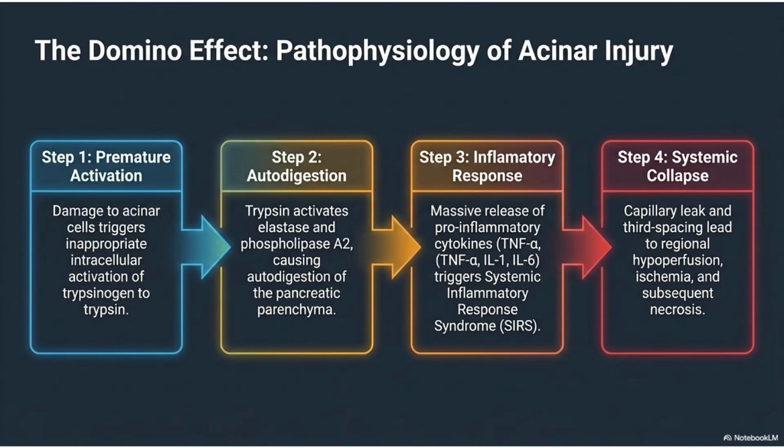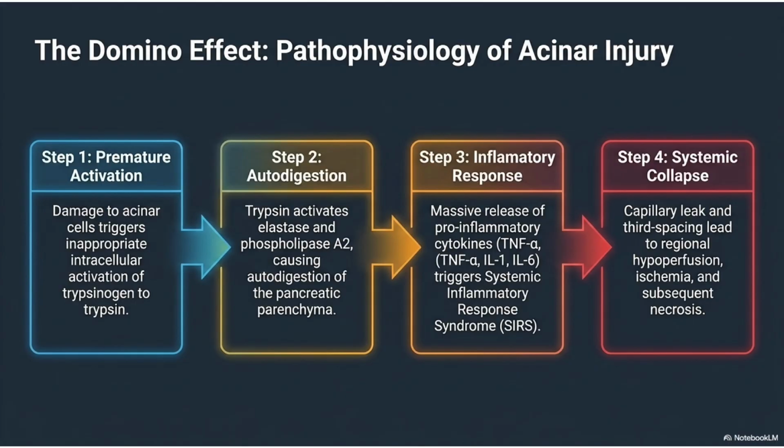Trypsin activates elastase and phospholipase A2. It causes the autodigestion of the pancreatic parenchyma. It's like suicide of the pancreas, but it is induced by pathologies which you might know, the mnemonic SMASHED and other causes. So from that autodigestion step, step 3 is the inflammatory response.